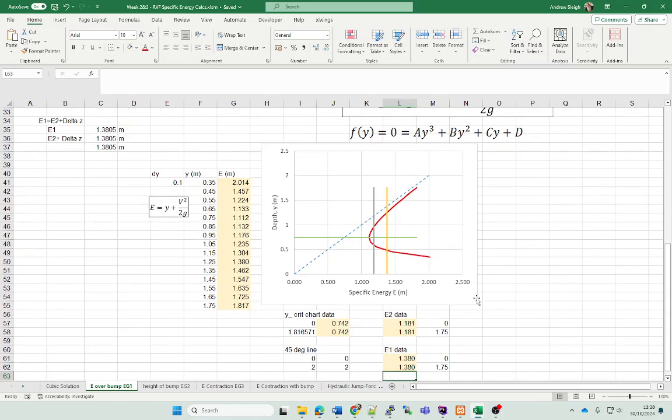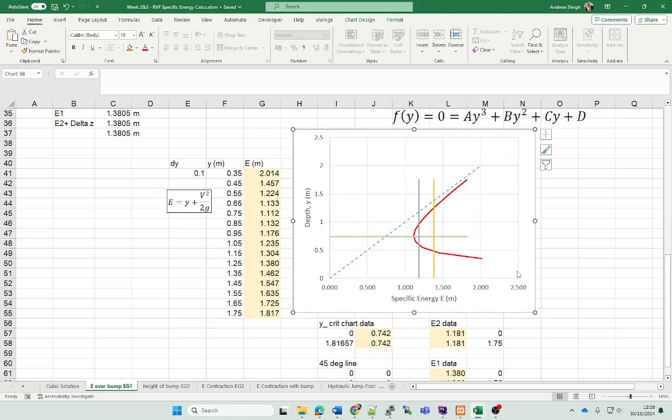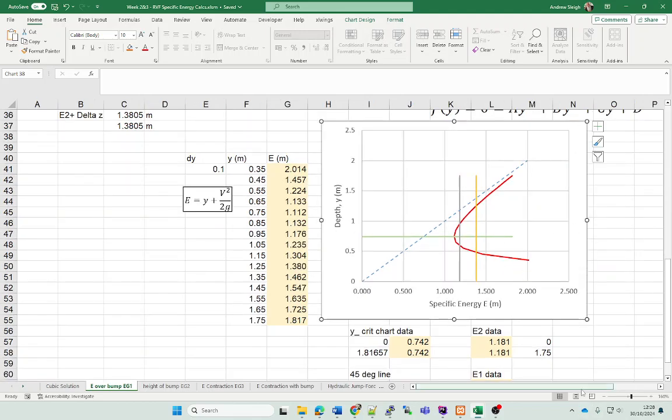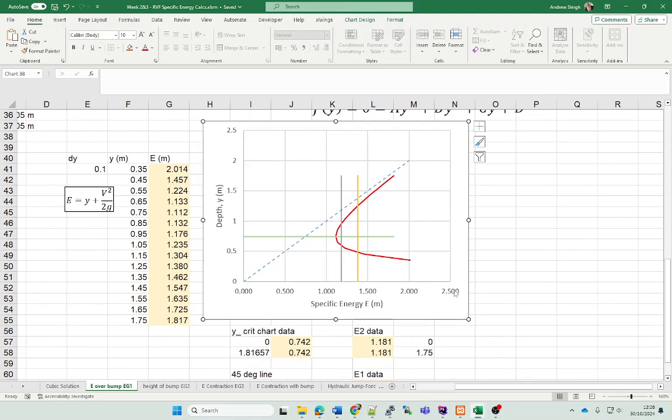Okay, so let me zoom in slightly. We'll see this chart. We need to be able to identify all the elements on this chart when you're talking about it in an exam. We've got the critical depth, we've got the energy and the two solutions before the bump, and after the bump, the energy and the two solutions.